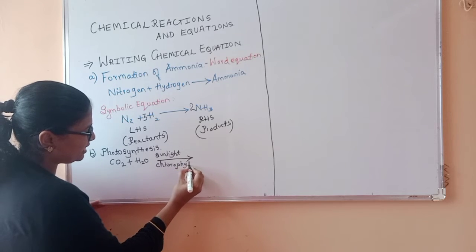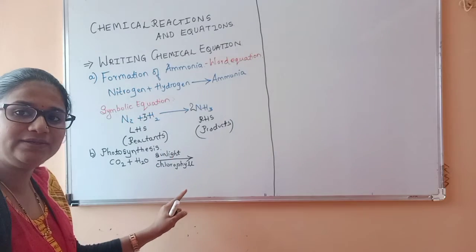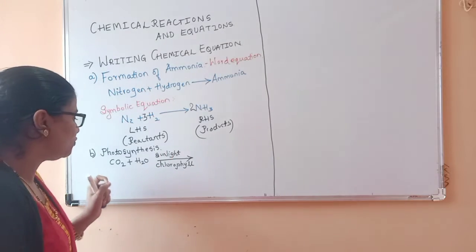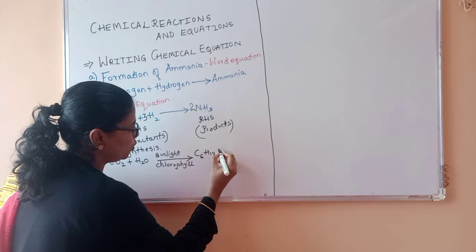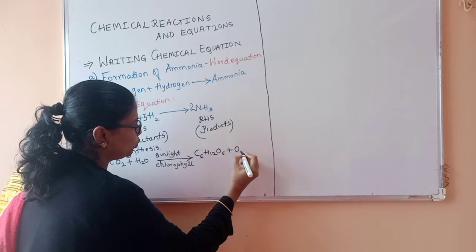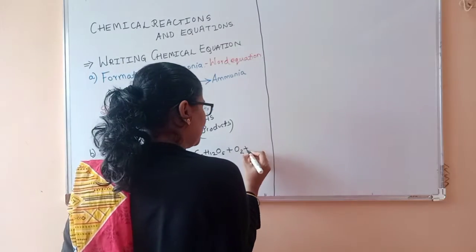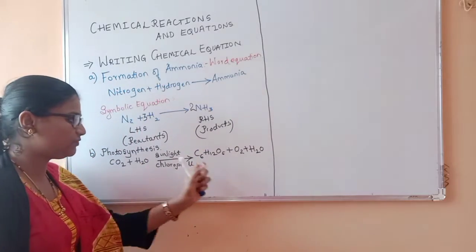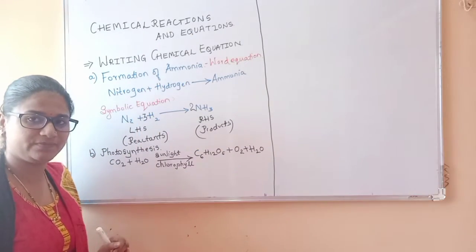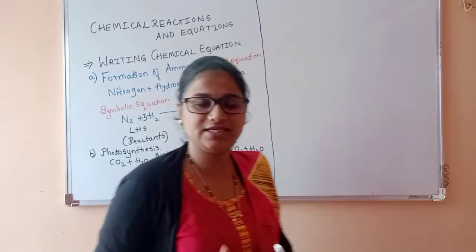Here sunlight and chlorophyll are the conditions. When they react, it will give C6H12O6 plus O2. Sometimes we also write plus H2O, which breaks down later, immediately after the photosynthesis reaction.